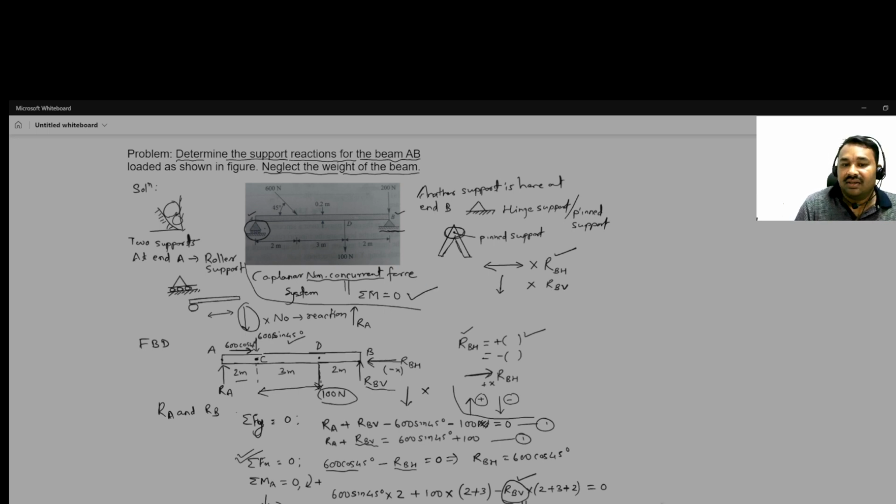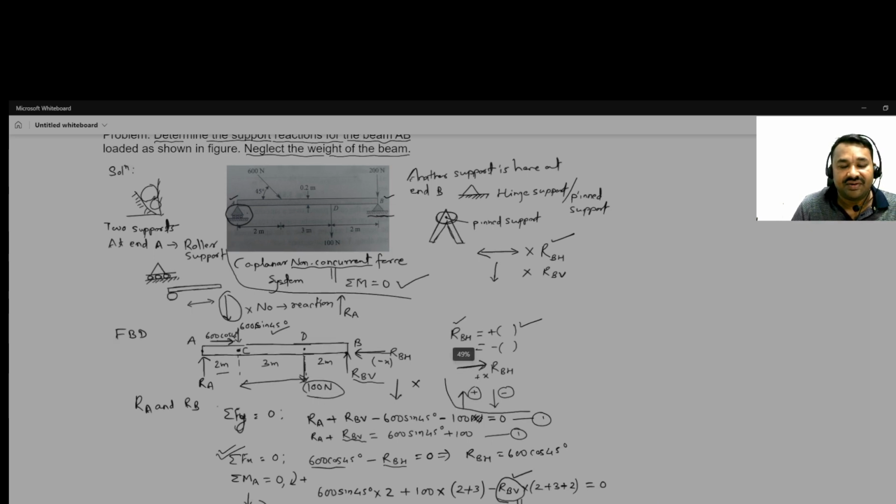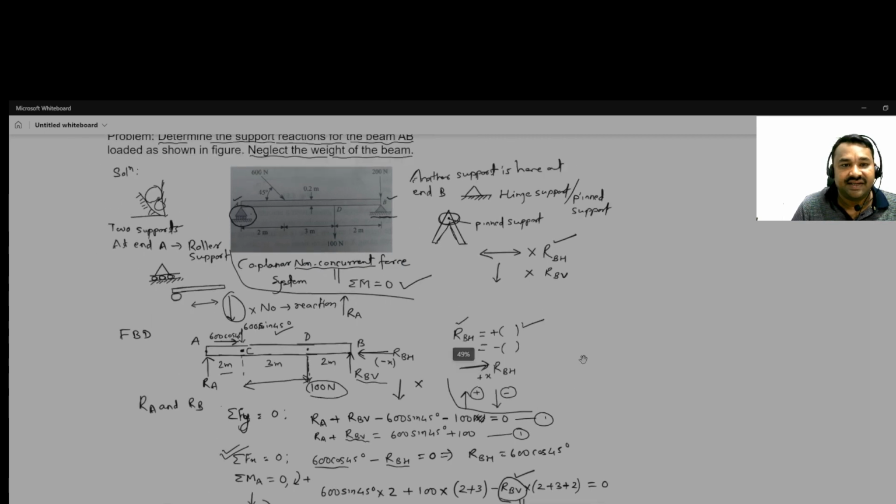Okay, and supports are there, so we have to replace them by the forces like vertical forces, horizontal forces, whatever. Okay, so in this way we have found out the reactions.